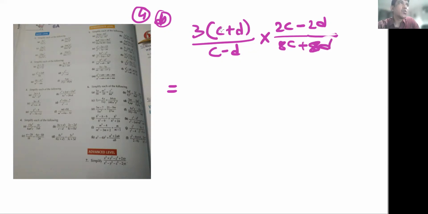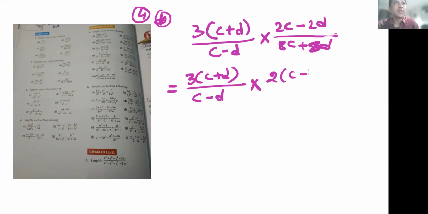Is there anything you can do on top of this, 3 into C plus D? Nothing to do because it's already in multiplication in the bracket. Next, anything you can do here? Nothing, right? C minus D into, anything you can take common here? Yes, number 2: 2 into C minus D. Divided by, anything you can take common here?